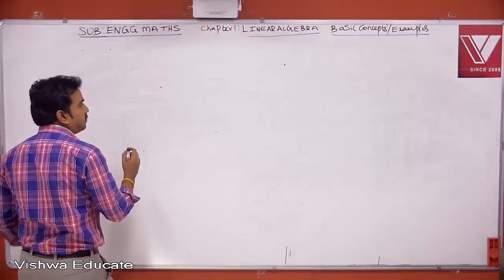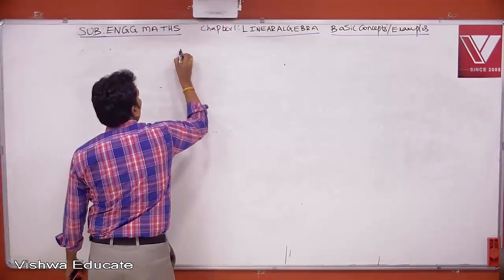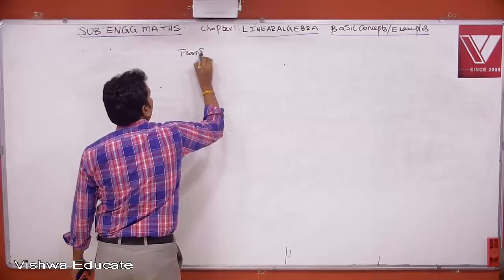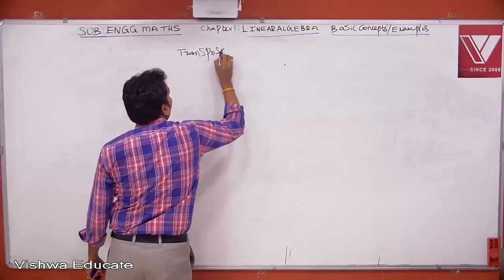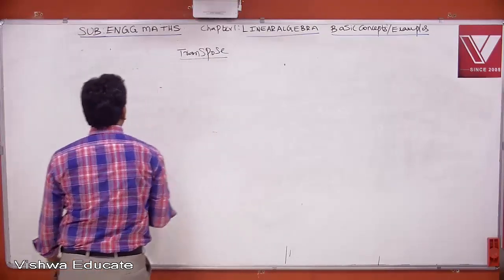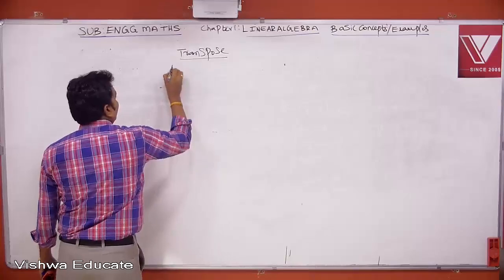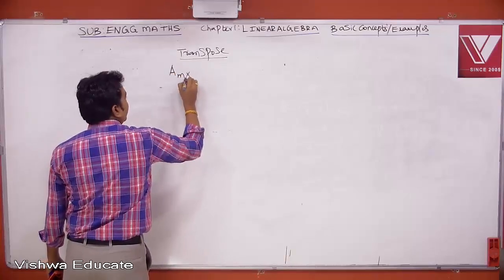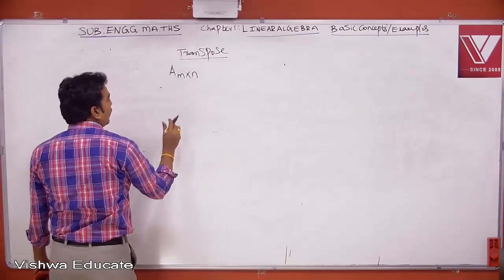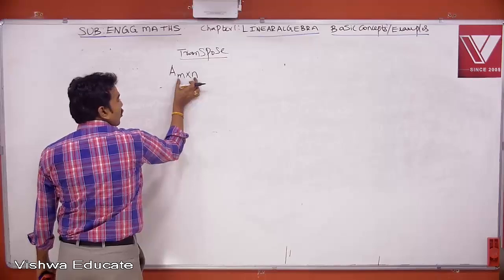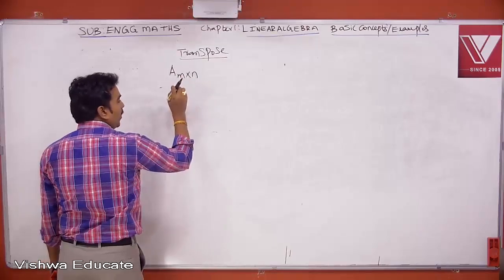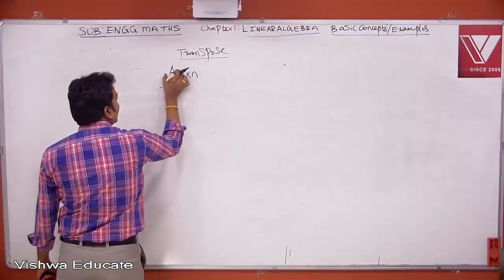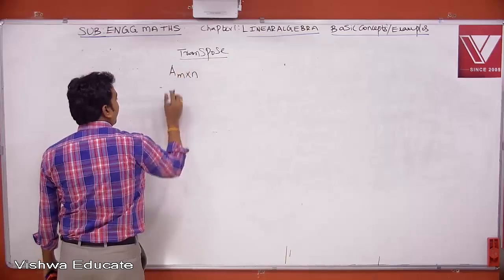Next concept, transpose. Suppose we have a matrix A with size m cross n. Here m can be equal to n or m need not be equal to n. Now let us define the transpose of this matrix.